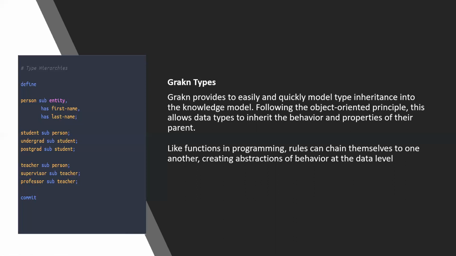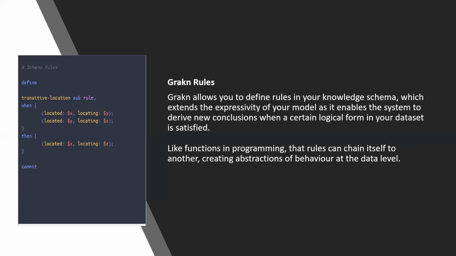Like functions in programming, rules can chain themselves to one another, creating abstractions of behavior at the data level. When coming to the rules, we can create different kinds of rules for different entities in the Grakn DB. Let us say I'm just creating a rule. Please note that the define keyword is common for all kinds of syntaxes. So define, this is my rule, and sub is the reserved word, and rule is the keyword for creating a rule.